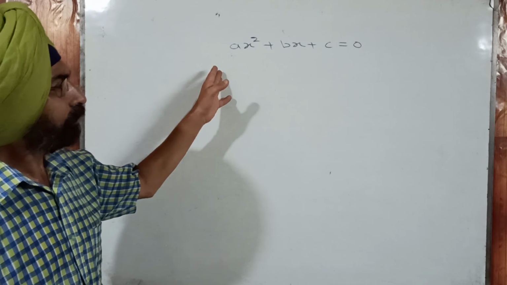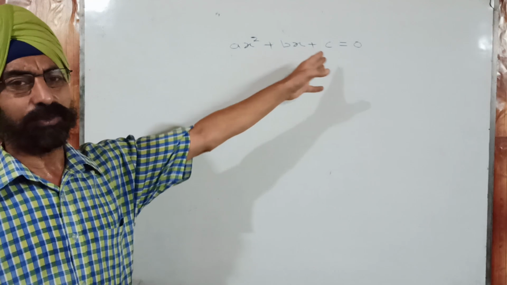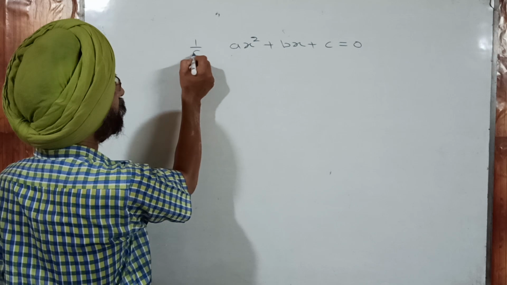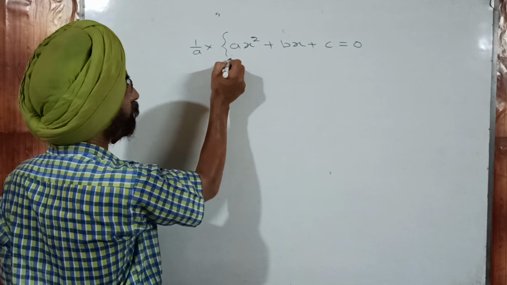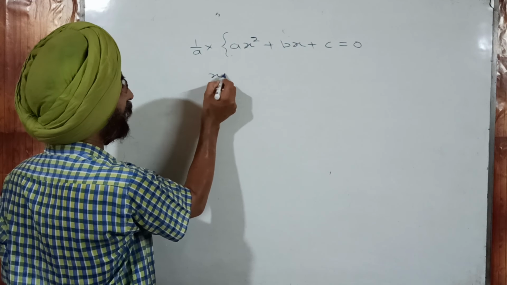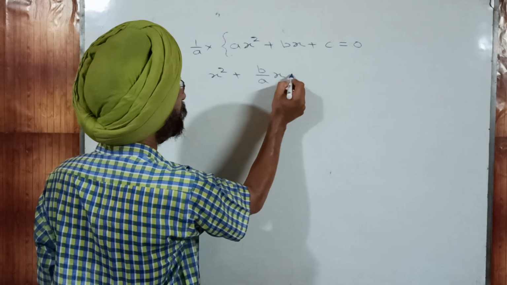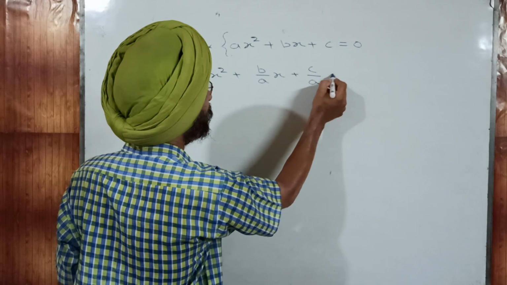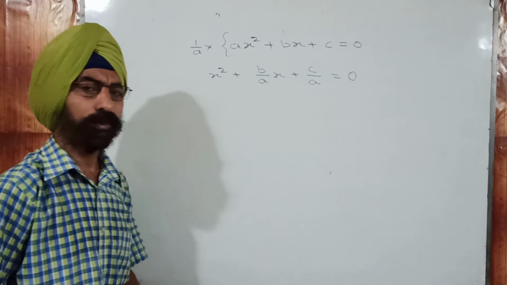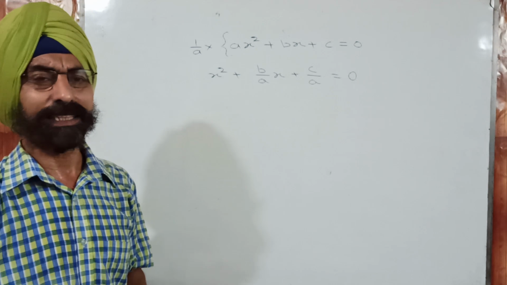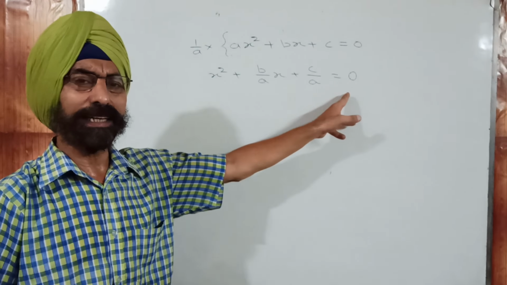First of all, multiply this equation throughout by 1 upon a. So multiply by 1 upon a both sides, you will get x square plus b upon a x plus c upon a is equal to 0. Now take this c upon a to the other side, that means to the right hand side.